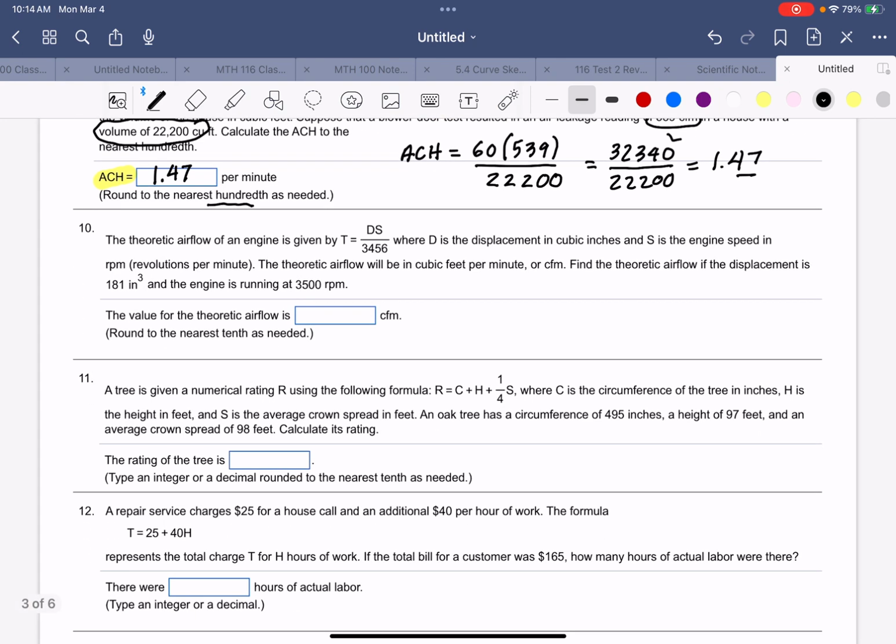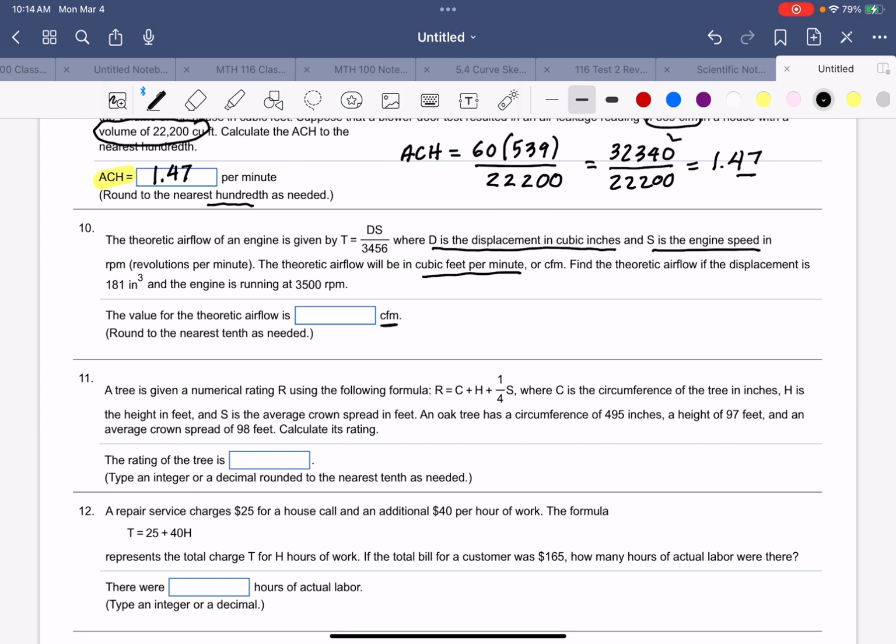Example 10. The theoretic airflow of an engine is given by T equals D times S over 3456, where D is the displacement in cubic inches, S is the engine speed in RPMs, revolutions per minute. The theoretic airflow will be in cubic feet per minute, so that's what we're asked to find.